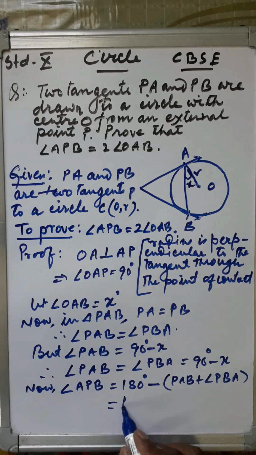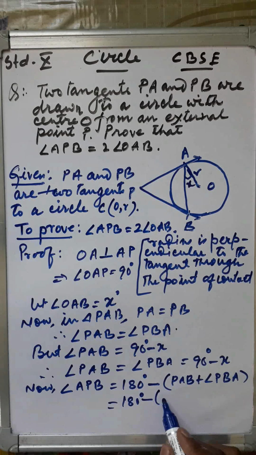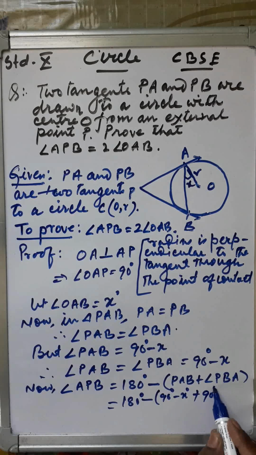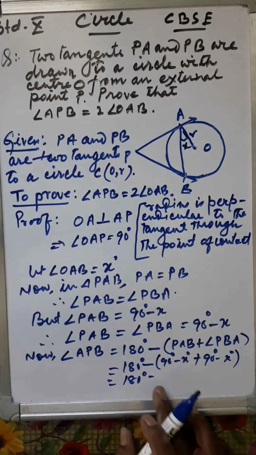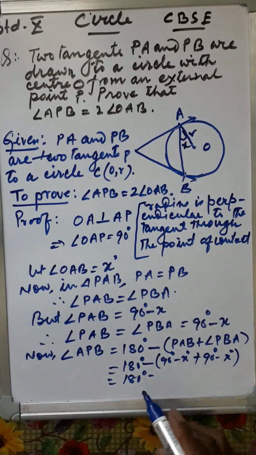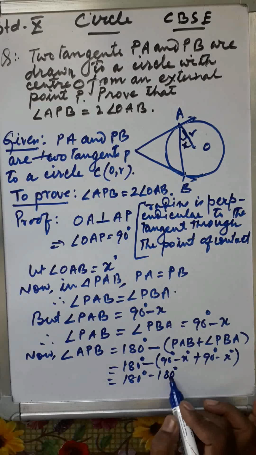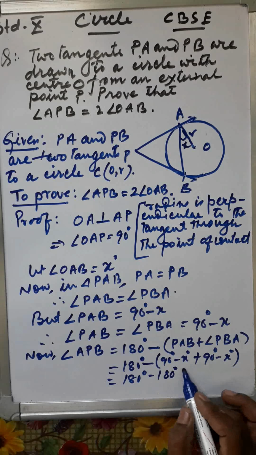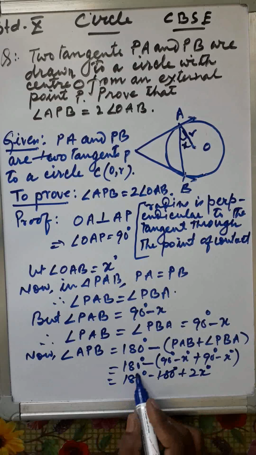So we can write here 180 degrees minus (90 degrees minus x degrees plus 90 degrees minus x degrees). So it is giving you 180 degrees minus 90 plus 90 is 180 degrees. So it is 180 degrees minus 180 degrees, and minus x minus x is minus 2x, and minus minus is plus 2x degrees. So you are cancelling it.